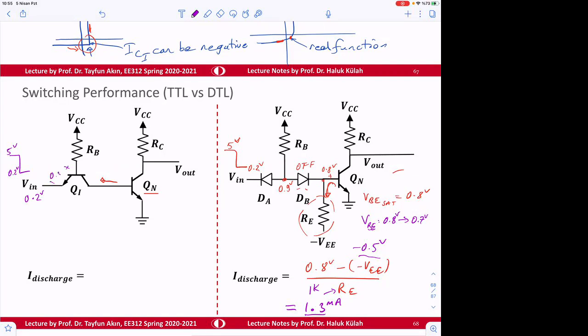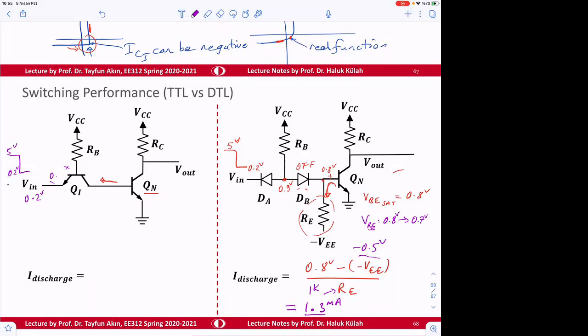So this will be at 0.8 and it will go to saturation, or actually it will go to forward active. Why is it going to be forward active? Any idea?